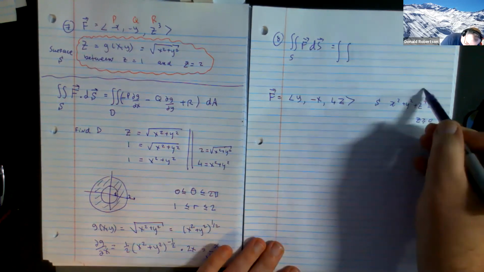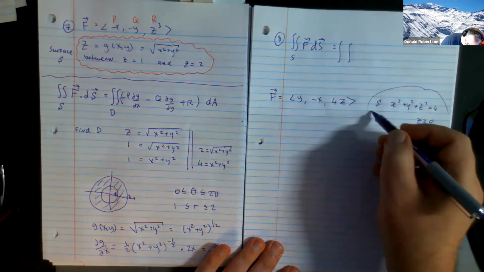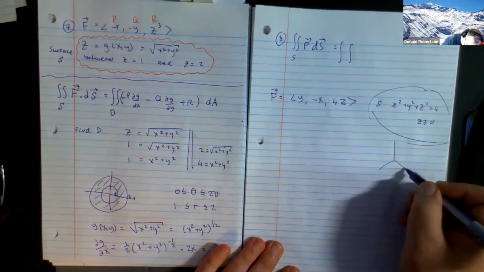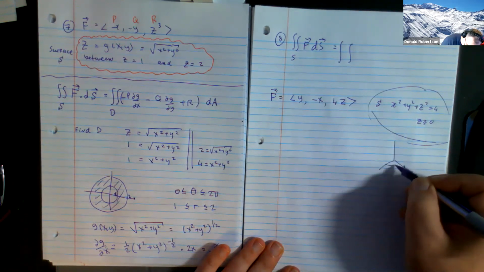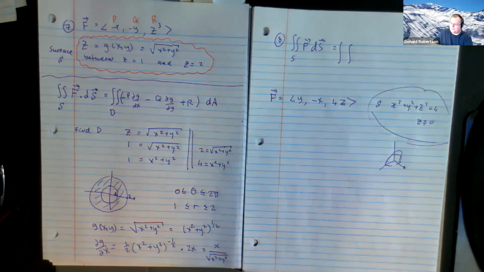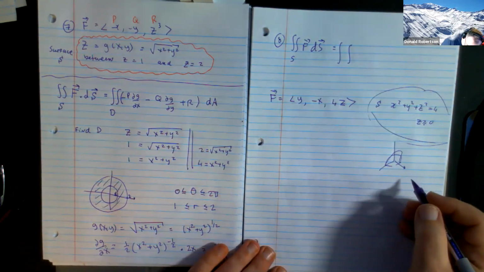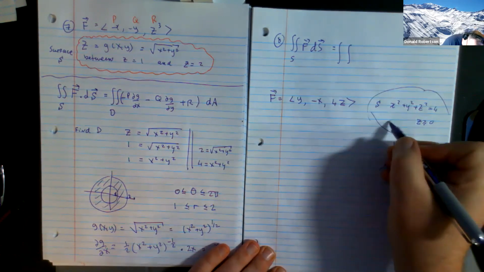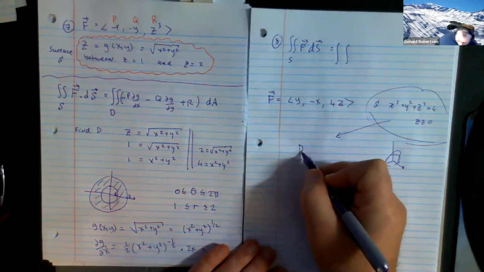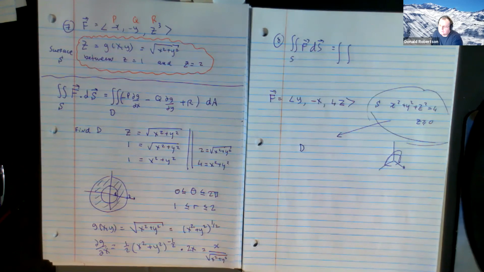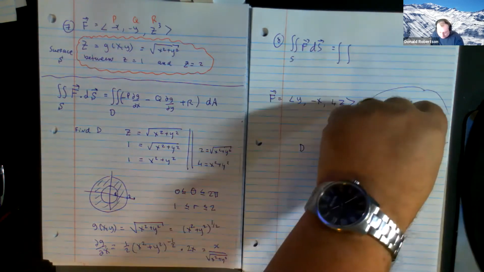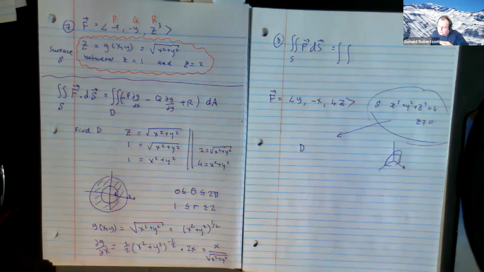So if you imagine what that would be, can you imagine in 3D space? Oh God, forget it. It's the top half of a sphere. So I need to get some pieces here. I need to figure out who D is. If you take this surface and project it down onto the ground, aren't you just making Z 0?